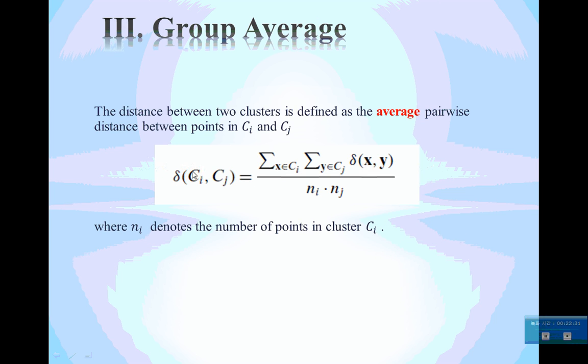And here's the group average, not just the distance between centers. We consider every vertex here and every vertex there, take the summation of the distances, then divide it by the number of points in this set and the number of points in the other set.